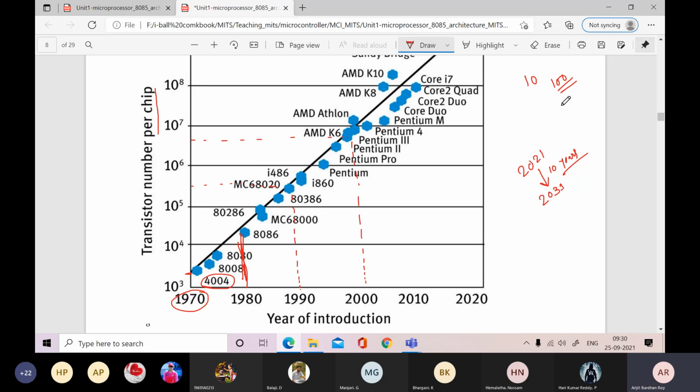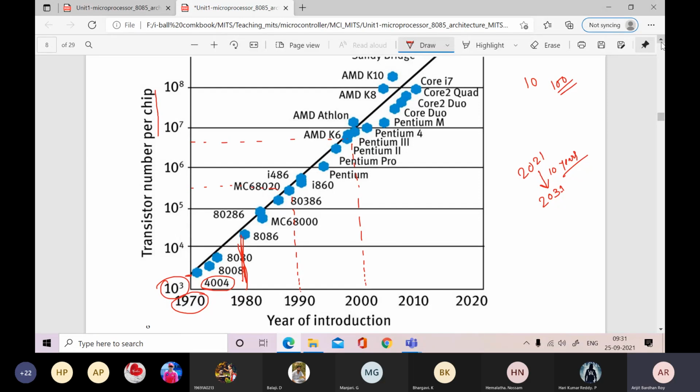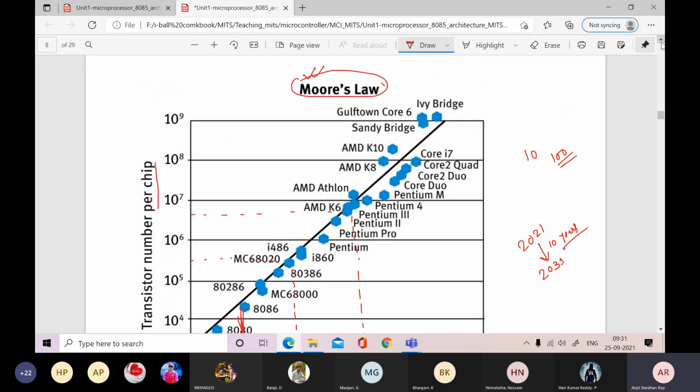Otherwise your device will not be called a developed device, or a smart device. So it starts with 1000. Now in 2020, 10 to the power 9.